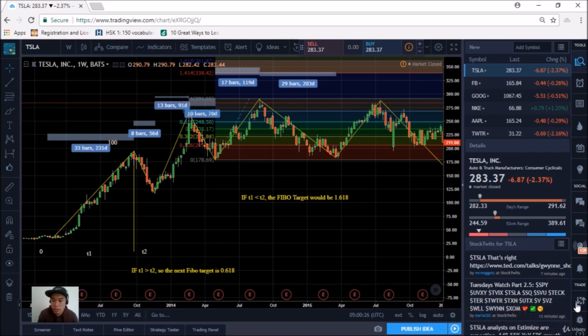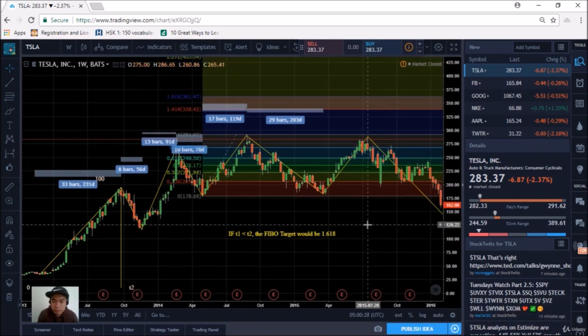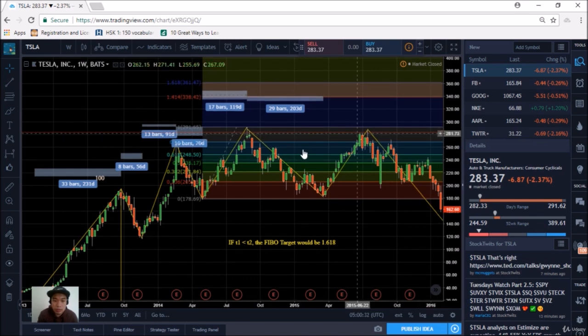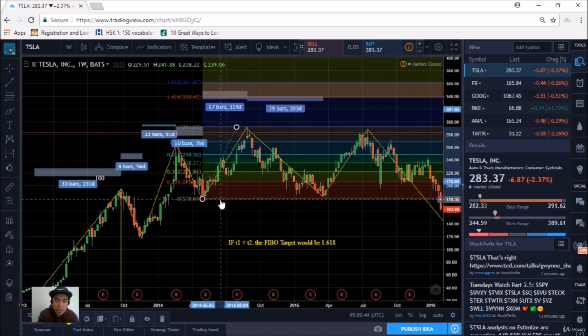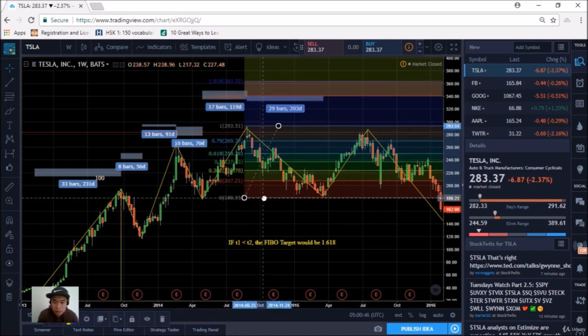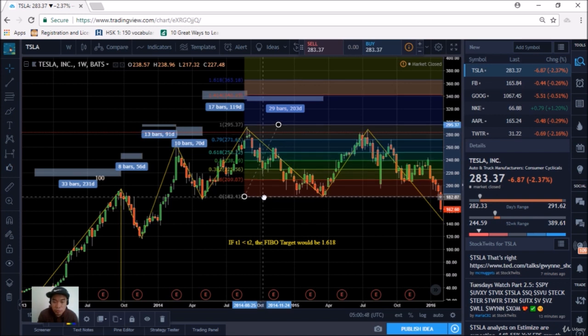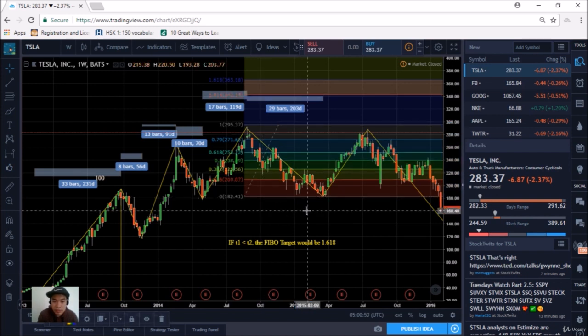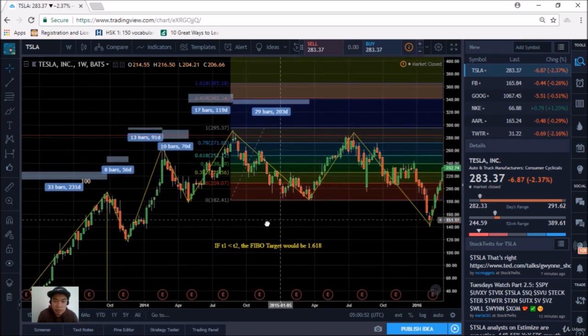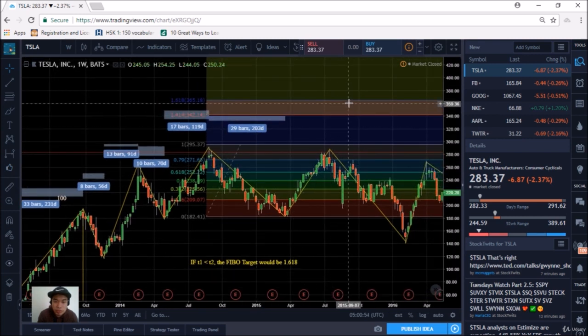Now the new Fibo target is 1.618 because T1 is less than T2. Let's measure our target. Just move to this distinct low, and the new target is 1.618.